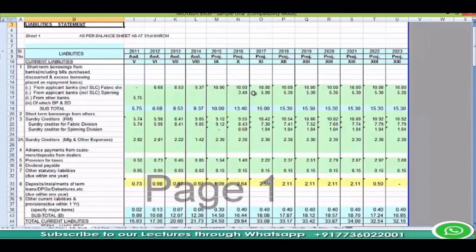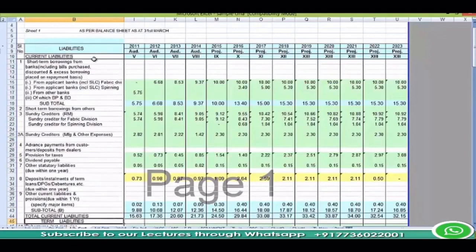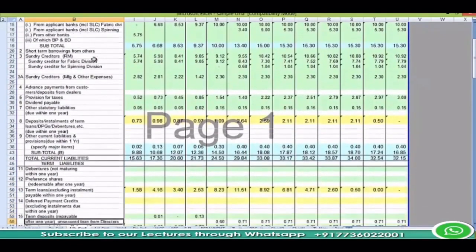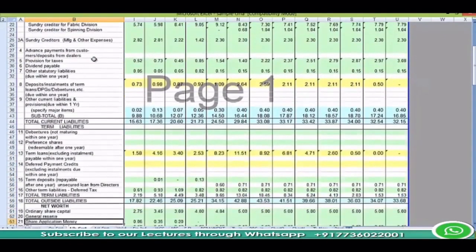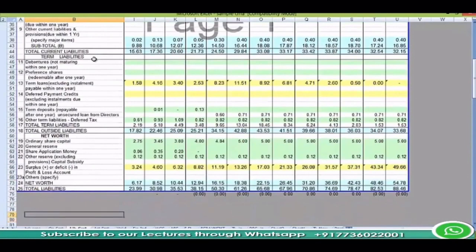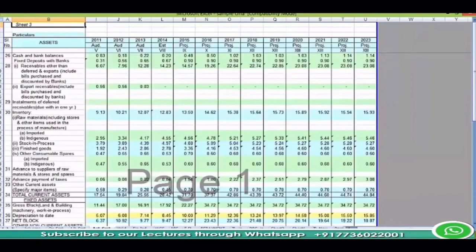So the liability statement will classify the liabilities into current liabilities, then all current liabilities will be listed, then term liabilities, that is those liabilities which are payable after 1 year, then it will break the other portion into net worth. This is nothing but the owner's contribution, which is in the form of capital, in the form of reserves, etc.